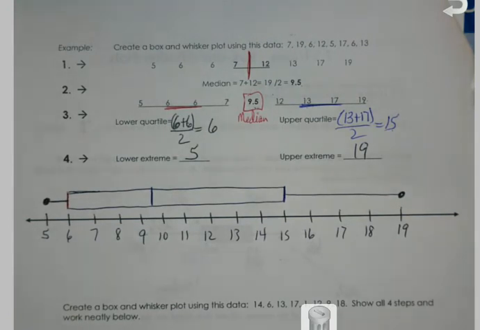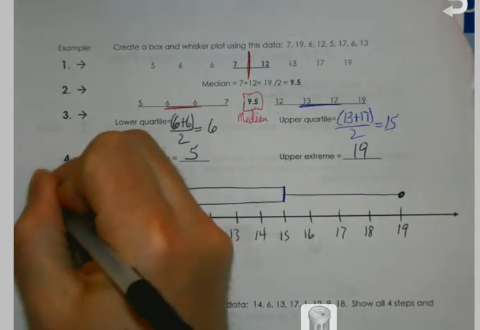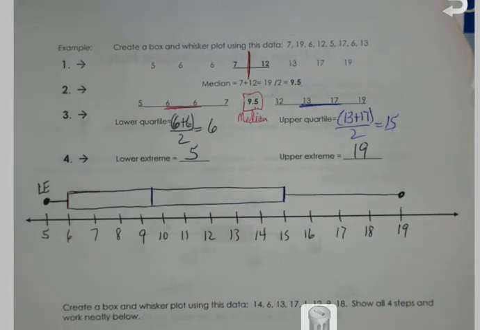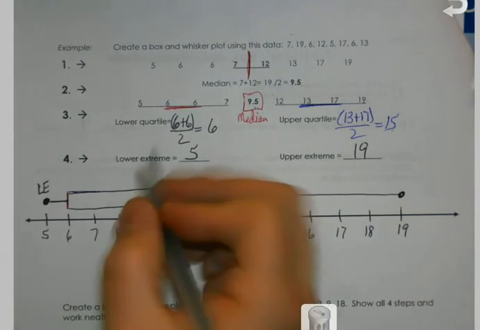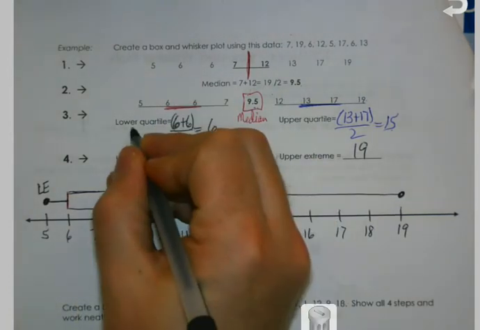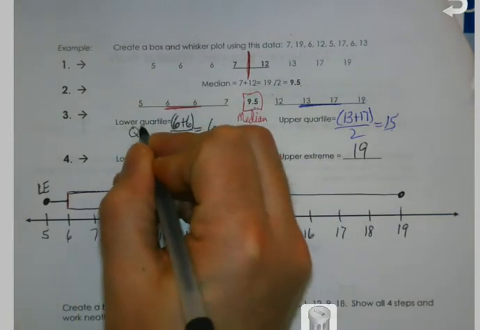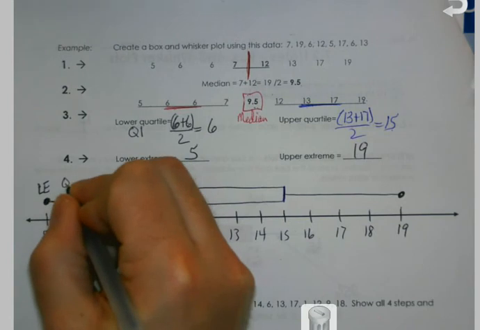And that's it. Now normally I'd go ahead and label things because you never know when you might get asked a question based on your box and whisker plot. So here's what I'm going to do. I'm going to label my lower extreme. My lower quartile, remember, is my Q1.